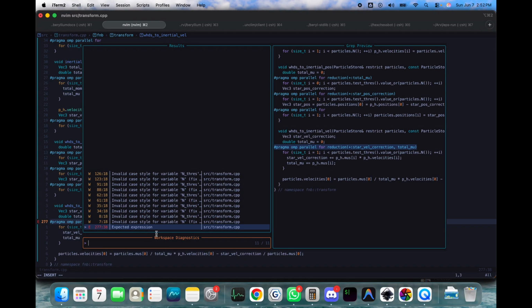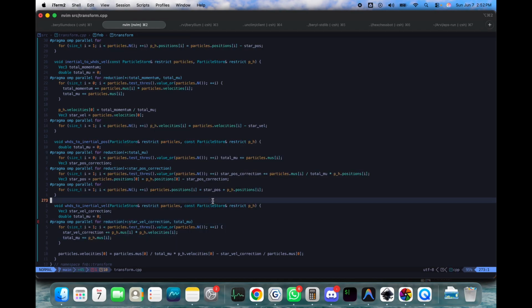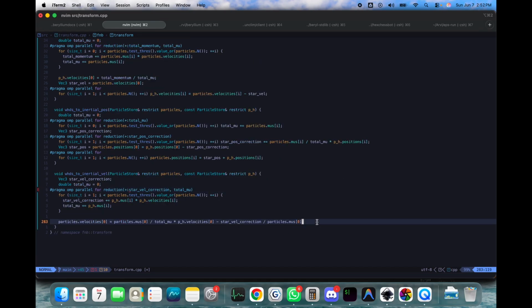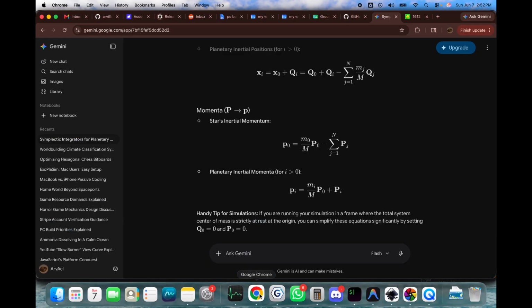What's the error? Expected expression. It's a reduction. I don't know what's happening. What kind of glitch is this? Surely the logic is kind of correct at least, but let's ask Gemini.